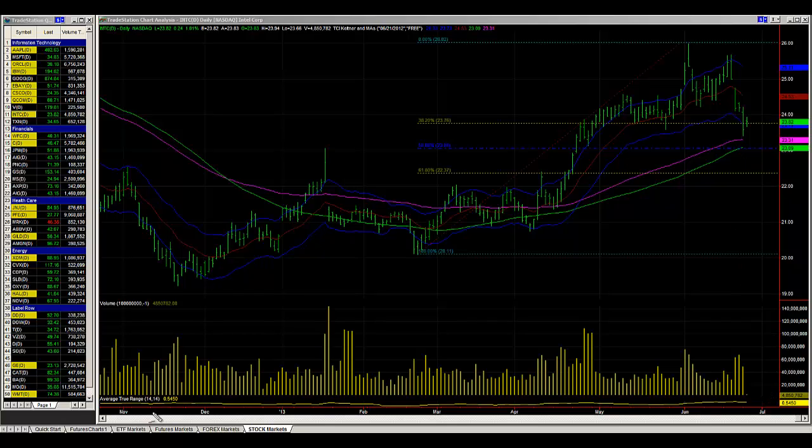Right in here, you see the average range is at 54 cents. So this stock only moves 54 cents on average a day versus $1.80. So if you go 50% of 54 cents, what is that? 27 cents. So you can apply the same principles.